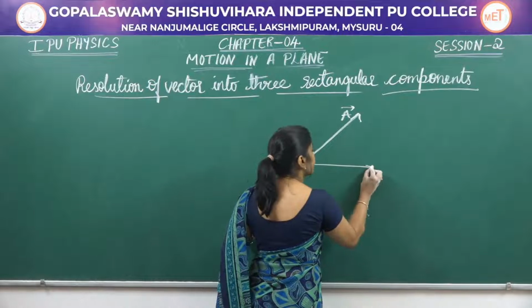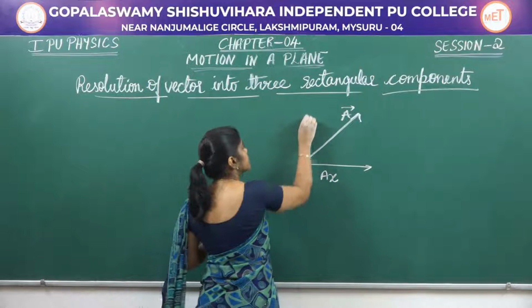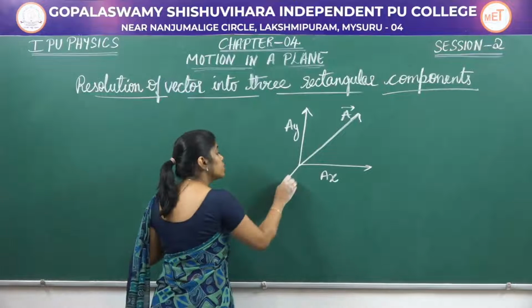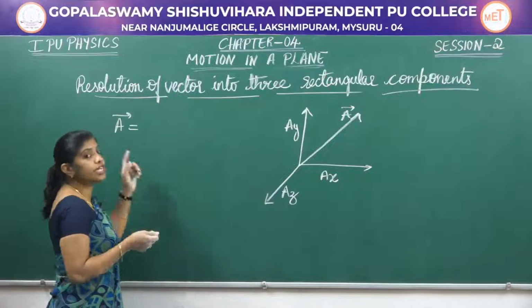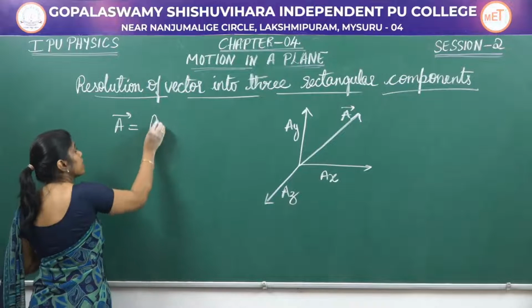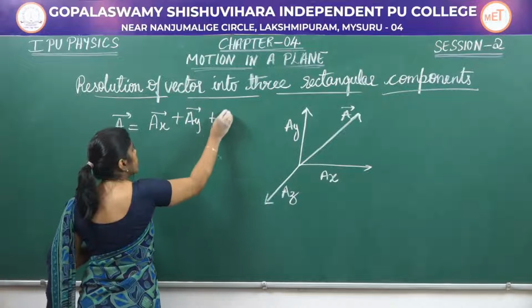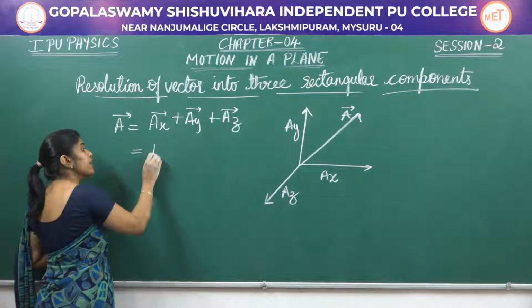Therefore, this will be one component Ax, this is the second component Ay, and this will be the third component Az.